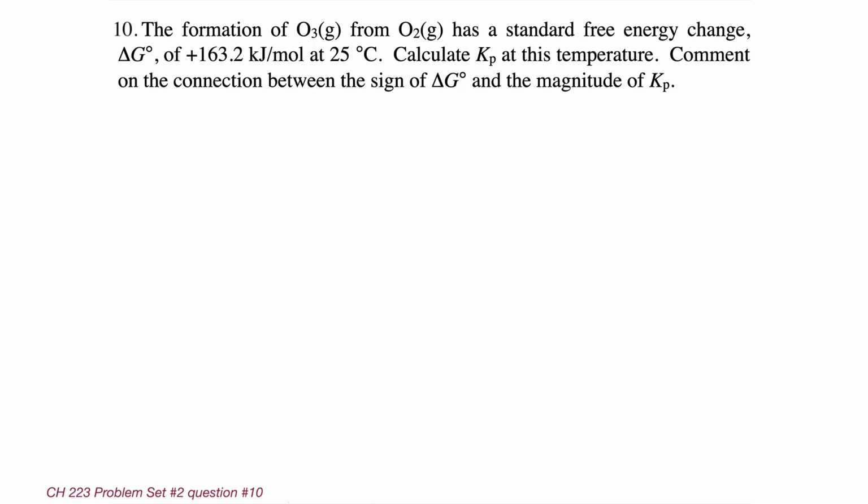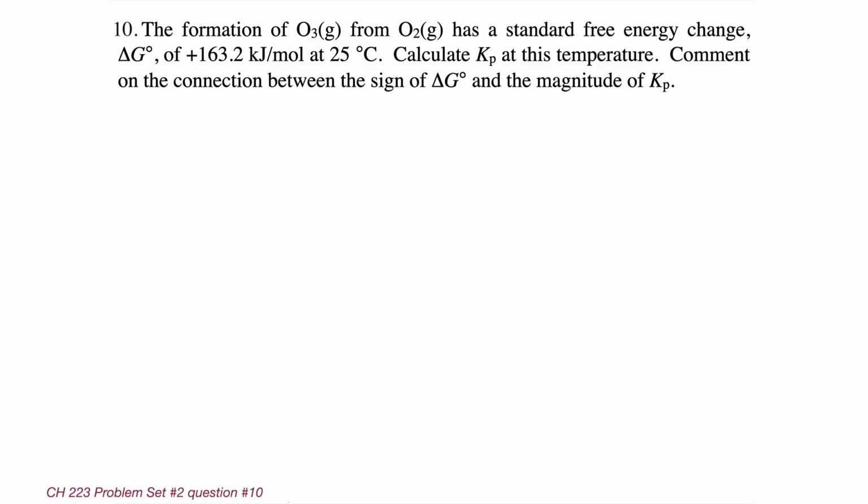This is a reaction where we're thinking about how oxygen can form ozone, all right? So oxygen going to ozone. And the standard free energy change for this reaction is a positive number, positive 163.2 kilojoules per mole. Now, a positive delta G means non-spontaneous, so keep that in the back of your mind.